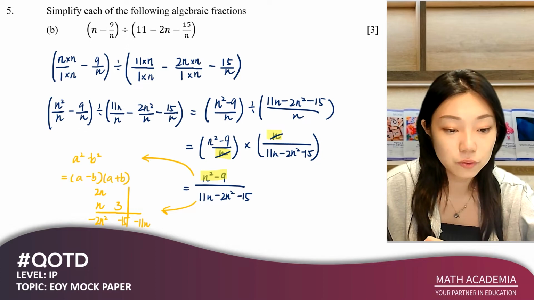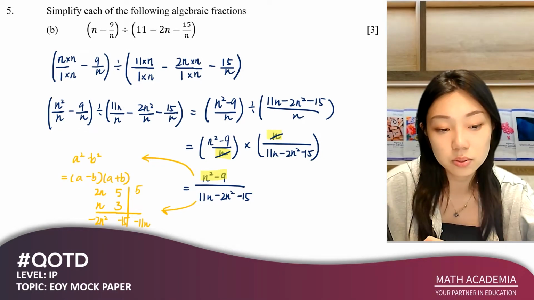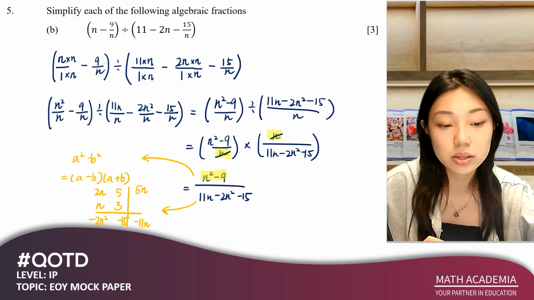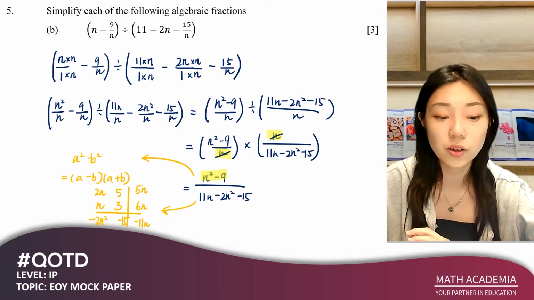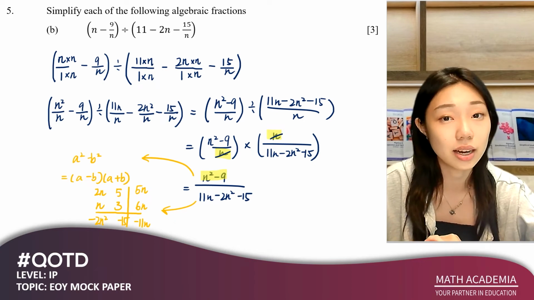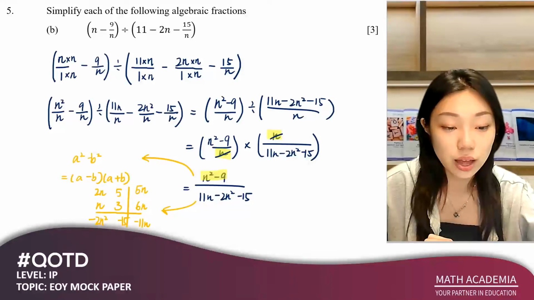So I can split 15 into 3 and 5. So 5 multiplied by n gives me 5n. 2n multiplied by 3 gives me 6n. Okay, numerically speaking, 5n and 6n, yes, I get 11n. But I want a negative. So which means that I should have negative 5n and negative 6n.